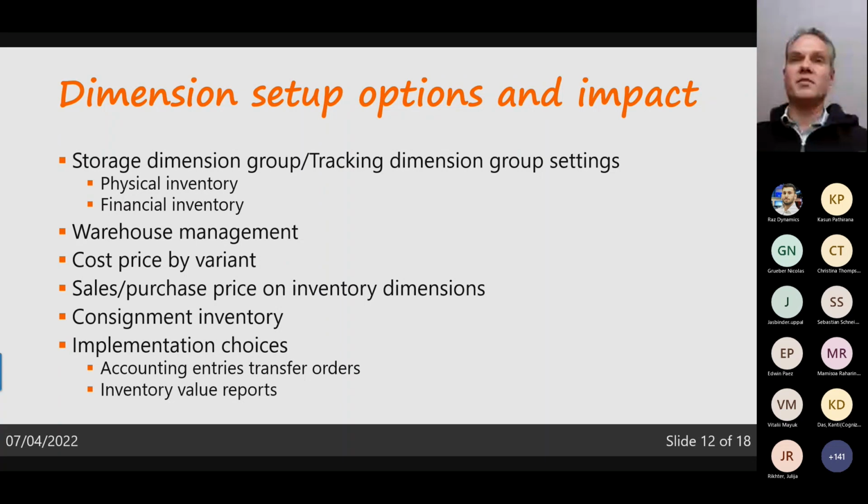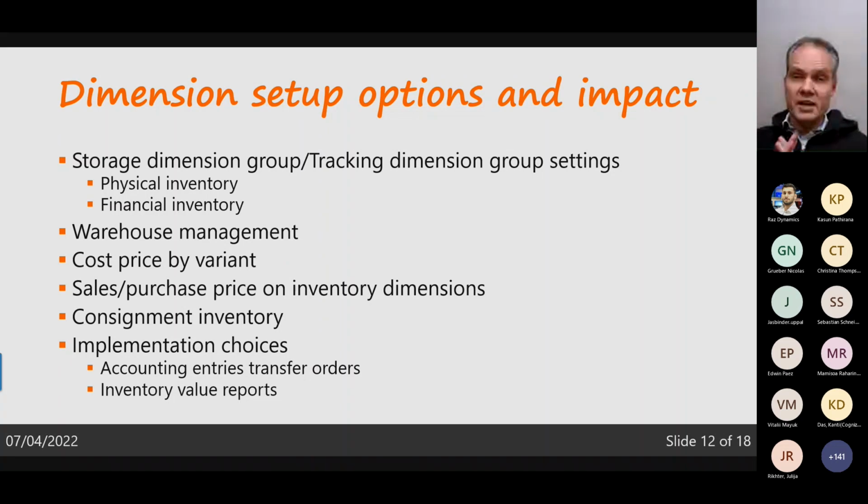If it's not enabled, in that case, you might have on the warehouse level itself not a negative inventory, but in between the locations, there might be at that time a negative inventory. So there would be a choice. What would be allowed in the application or not, and on which dimensions do you want to have a check, if you want to have a physical inventory or not, but also the financial inventory.